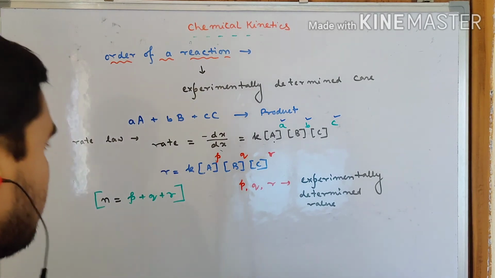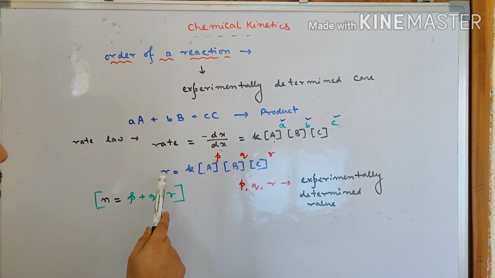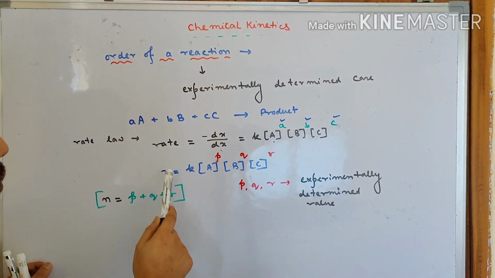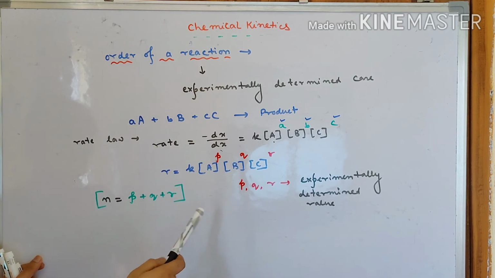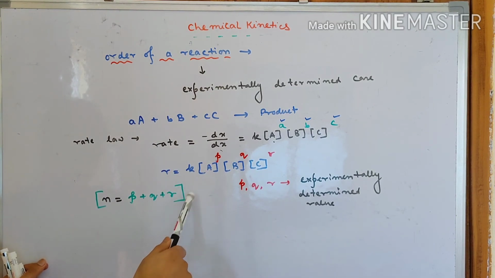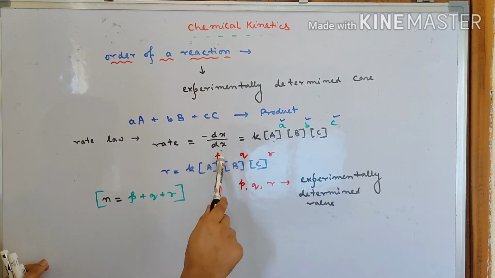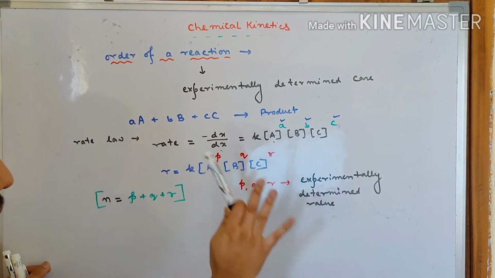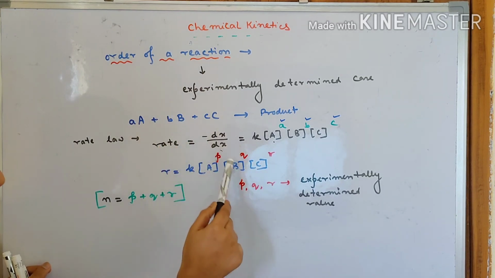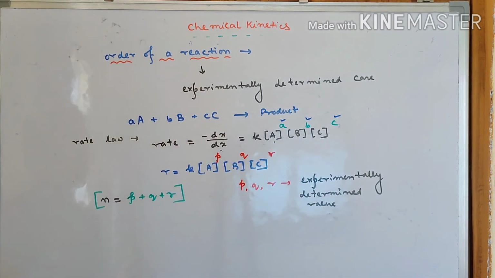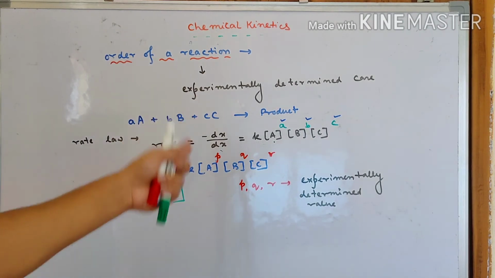So as we have seen, the rate law can be defined as the mathematical expression which denotes the rate of a reaction, where each reactant term will be in the product form and each will be raised in power to some term. These terms may or may not be same as their molar coefficients. In this case it is not same. In very few cases they may be same.